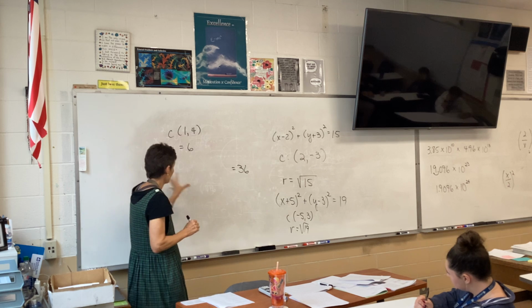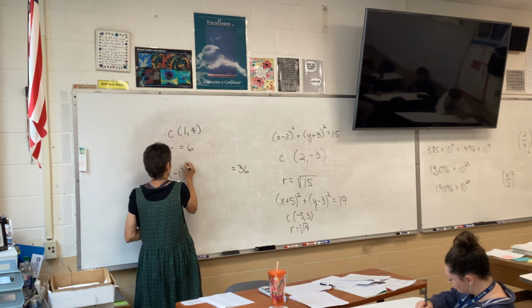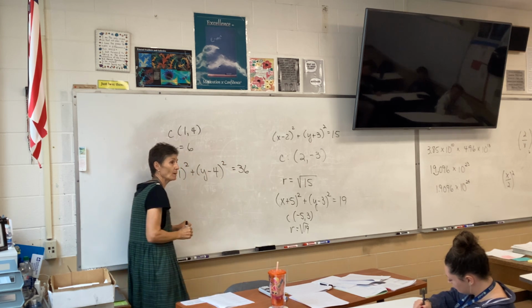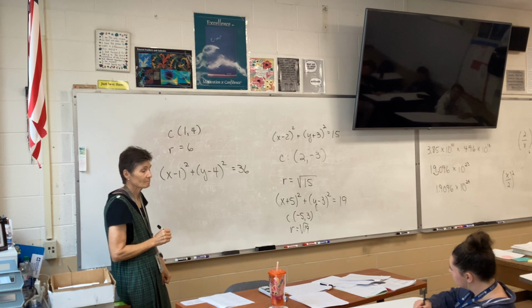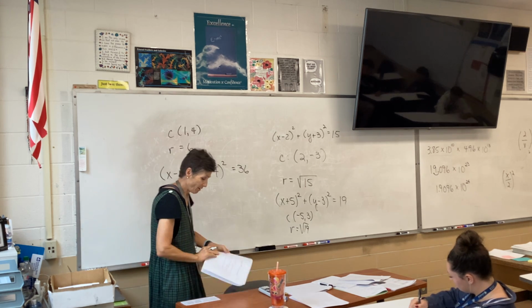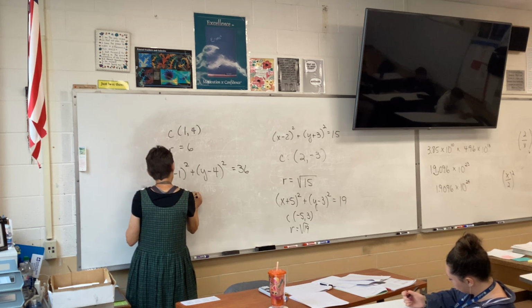Okay, what's this first part here? Scout? It's gonna be x minus 1 squared plus y minus 4 squared. What do the rest of you think? Is that the right equation? Beautiful. Absolutely gorgeous. All right, how about the second one? Let's let somebody else try this one.